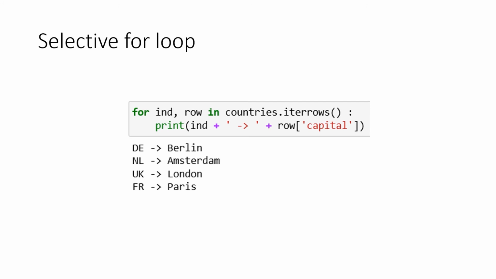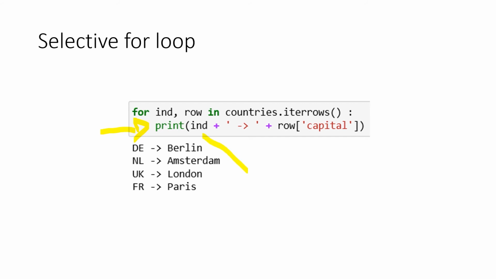Now you can also do a little bit more selective loops. And for this case, you again use the iterrows loop, but this time in our expression, we use a different print statement. For example, we would like to have first the index, then an arrow, and then we would like to have the capital associated to our country.